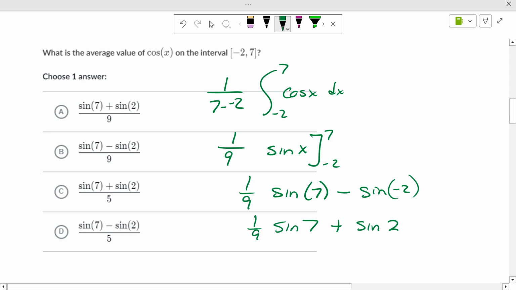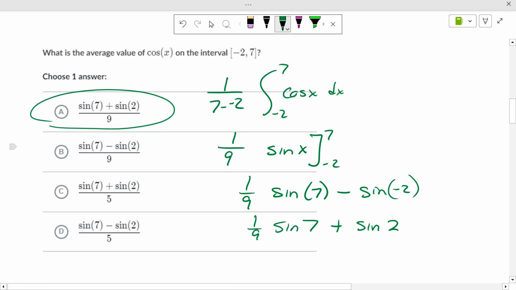Cosine is an even function, so that negative sign just disappears and doesn't change the sign in front. Sine's an odd function, so it does change the sign out front. The negative comes out. Cosine, the negative doesn't come out. Okay, so this would be the answer, which would be choice A.